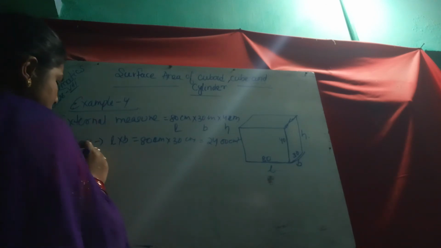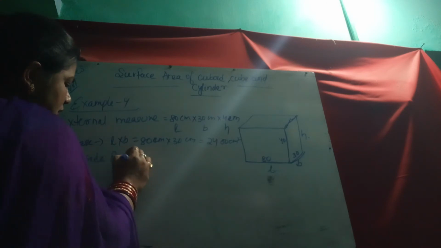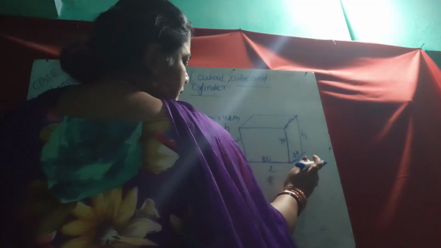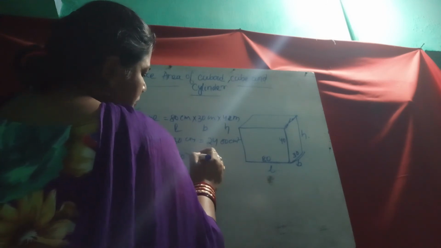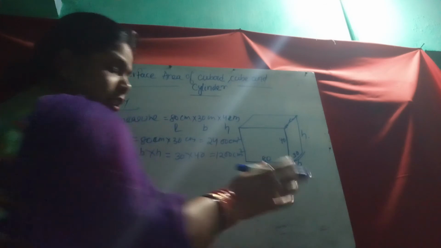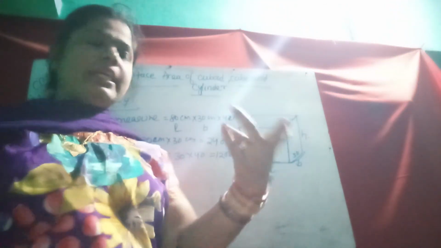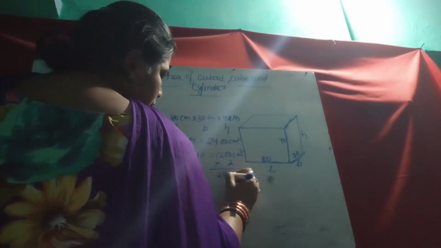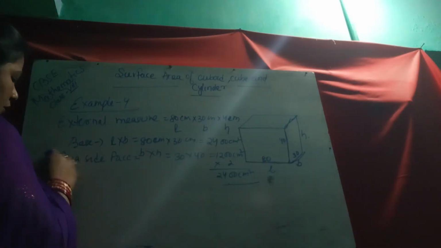Then the area of a side face is breadth into height, 30 into 40, which is 1200 cm square. But there are two side faces, so we multiply by 2, which is 2400 cm square.